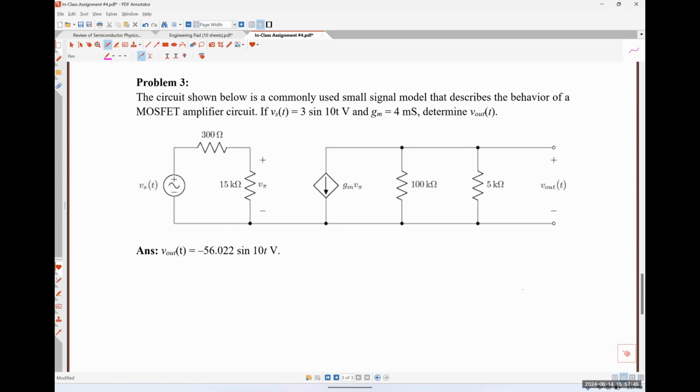Okay. So this voltage right here, V pi, controls this current source. So we're going to try to figure out what V pi is. Effectively, we're going to analyze the left-hand side of the circuit, then figure out what's going on the right-hand side of the circuit. So how might we go about solving for the voltage V pi?